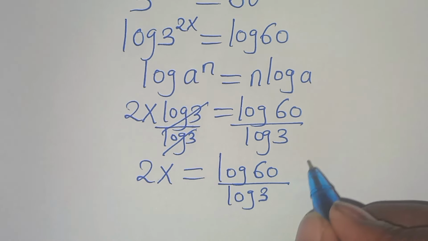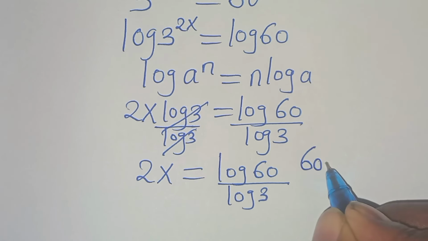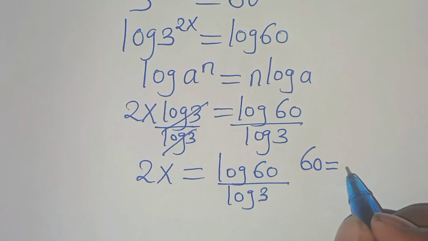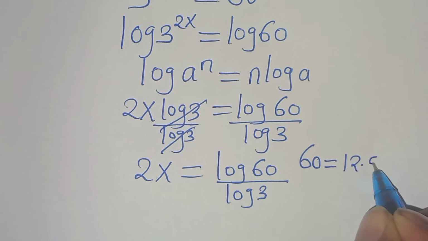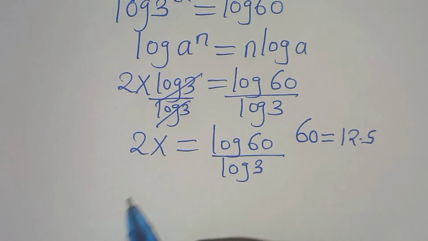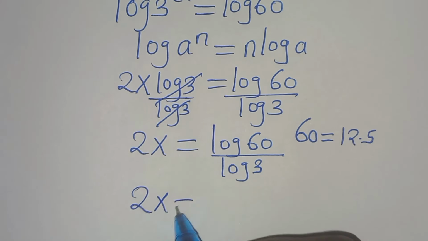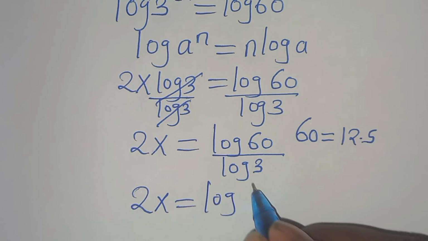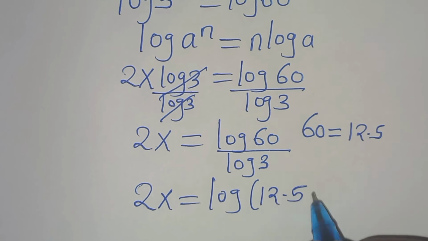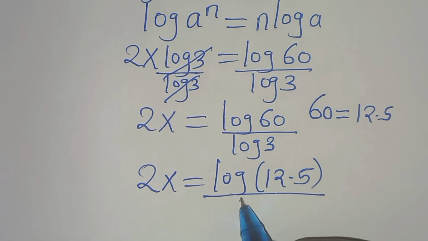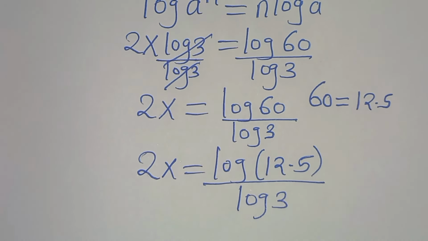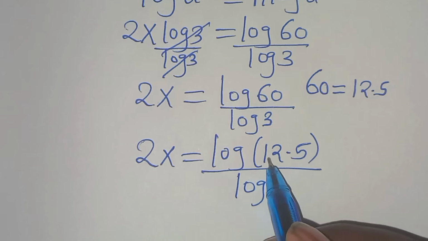Now, we can express 60. This is the same thing as 12 multiplied by 5. So here we'll have 2x. This is equal to log 12 multiplied by 5. Everything here divided by log 3. Now, log 12 times 5.